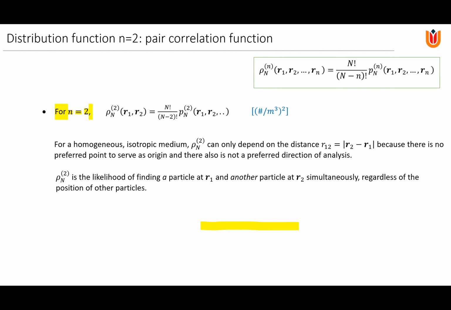So what rho of 2 then means physically is the likelihood of finding a particle at R1 and another particle at R2 simultaneously, regardless of the positions of all the other particles. That is what we calculate.